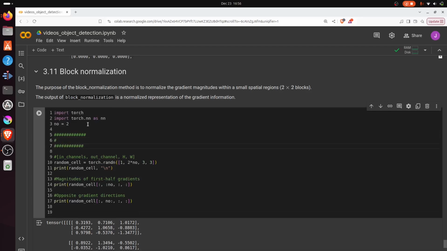What we want to do with this set of operations is to obtain the unoriented gradients, that is, gradients that are not taking into account the orientations. We can obtain these unoriented gradients by adding the magnitudes of both positively and negatively oriented gradients.